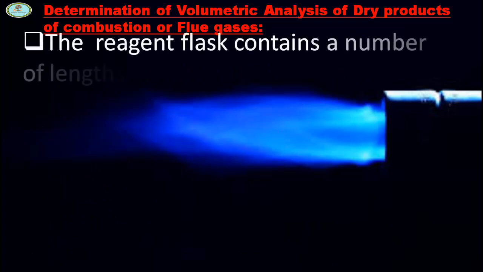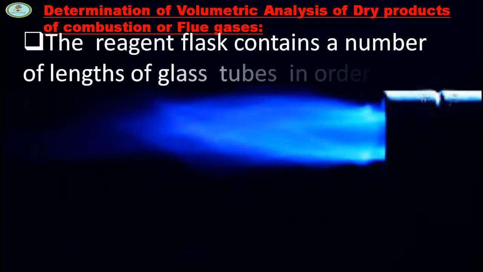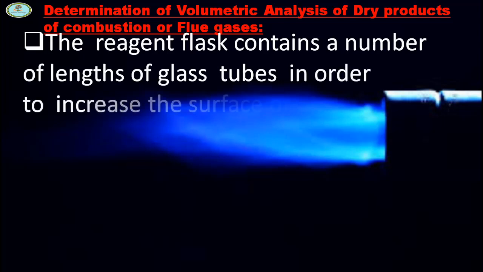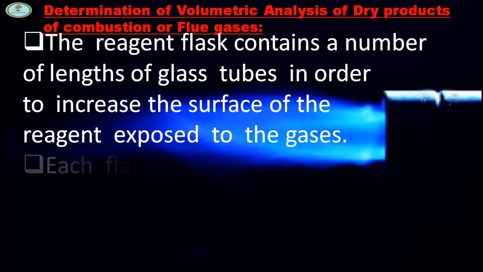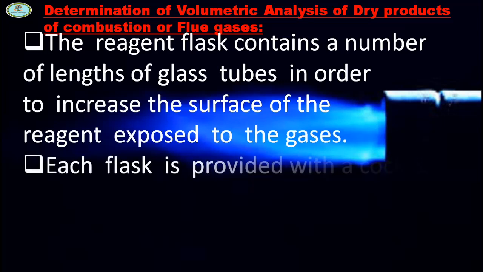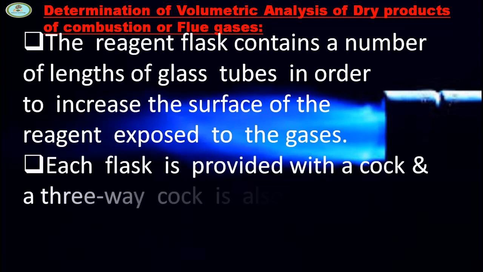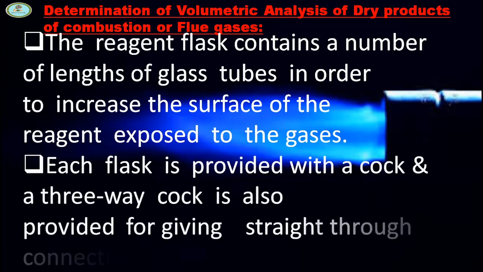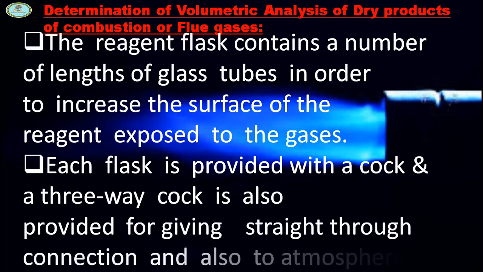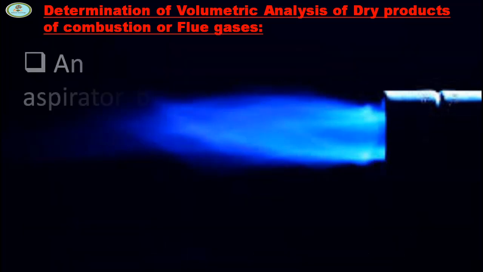The reagent flask contains a number of lengths of glass tubes in order to increase the surface of the reagent exposed to the gases. Each flask is provided with a cock, and a 3-way cock is also provided for giving straight through connection and also connection to atmosphere.